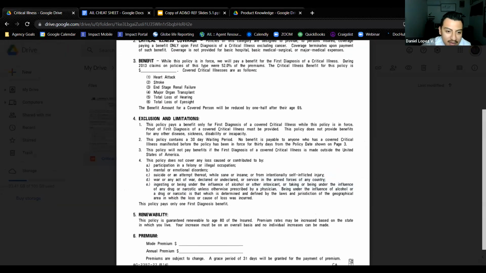Now that I remember, this policy will not pay the benefit if the first diagnosis of the covered critical illness is made outside of the United States. Okay, so if they suffer a critical illness outside of the US, it does not pay out.